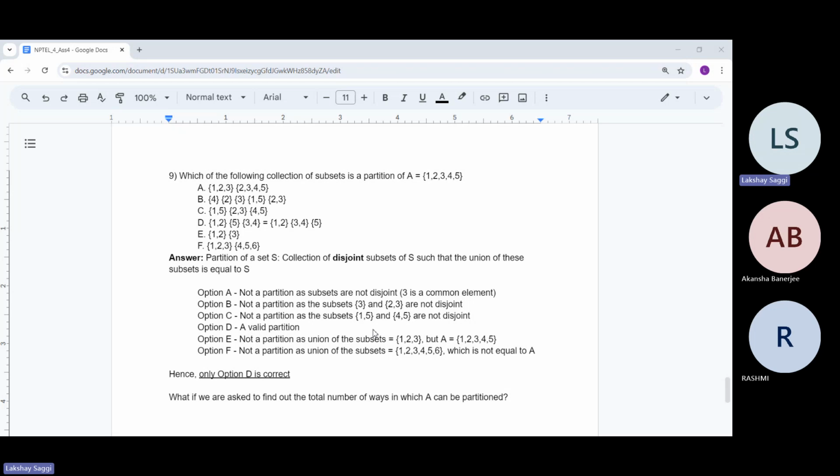Rashmi has written in chat that there are 32 possible partitions. I guess I'll have to work out the answer myself also because I haven't solved it yet, but just give me 2 minutes, guys. I'll also think about it.